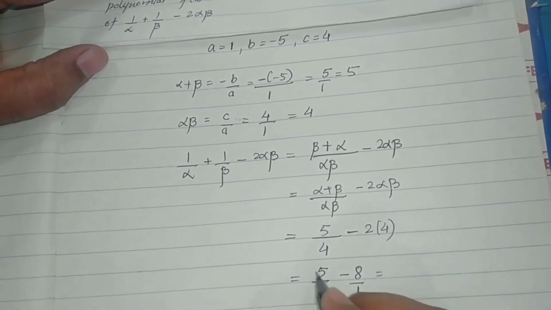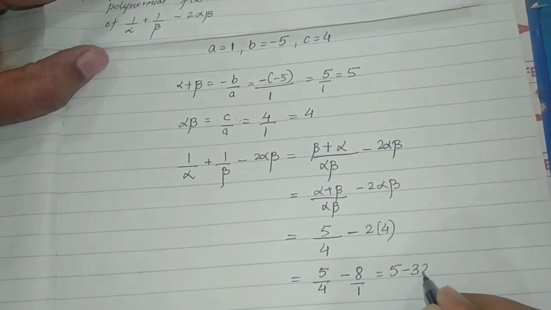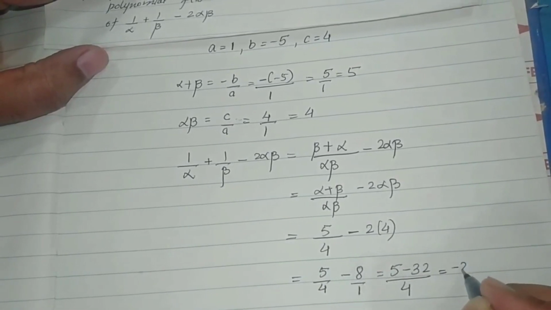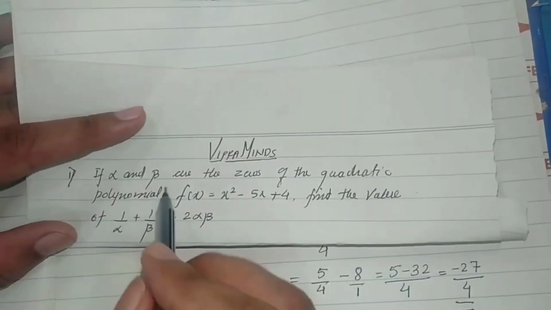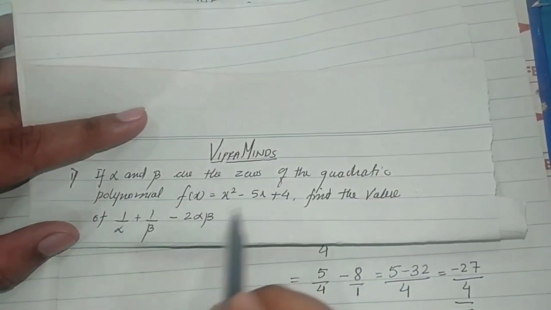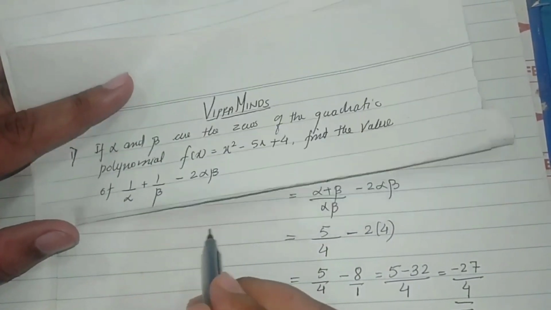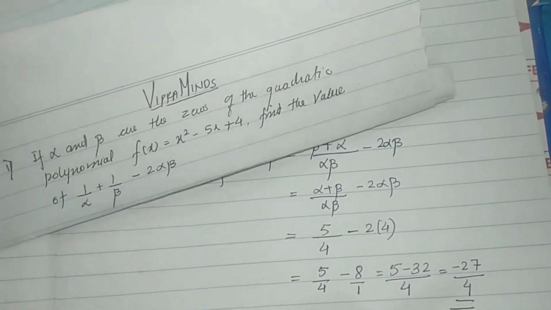So we'll do the cross multiplication. So 5 into 1 is 5, 4 into 8 is 32, minus 32 divided by 4. So it will be nothing but minus 27 by 4. So therefore if alpha and beta are the zeros of this quadratic polynomial, then 1 upon alpha plus 1 upon beta minus 2 alpha beta का जो value होगा, that will be nothing but minus 27 by 4.